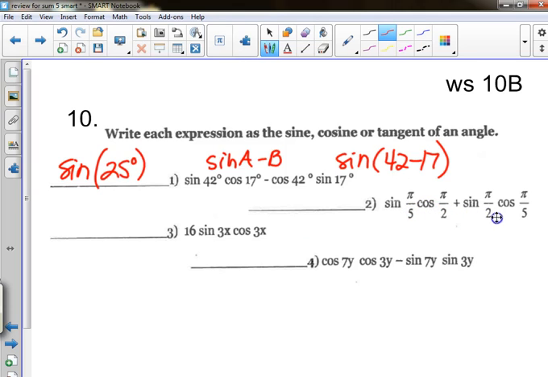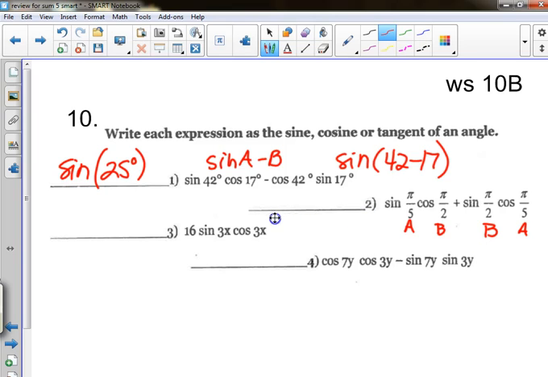Sine, cosine, plus sine, cosine. What? Oh, look. This is A. This is B. This is B. This is A. So is there one on your sheet that really says that? Sine, cosine? It just says cosine, sine, right?